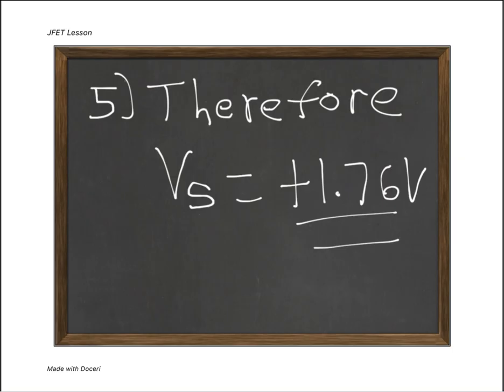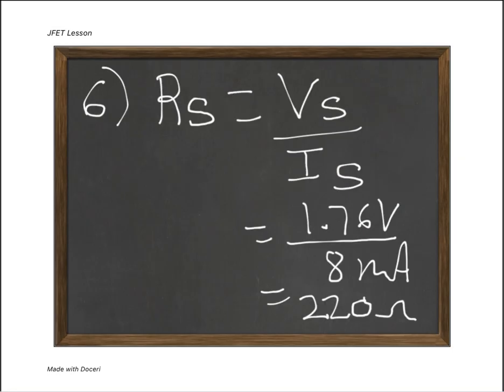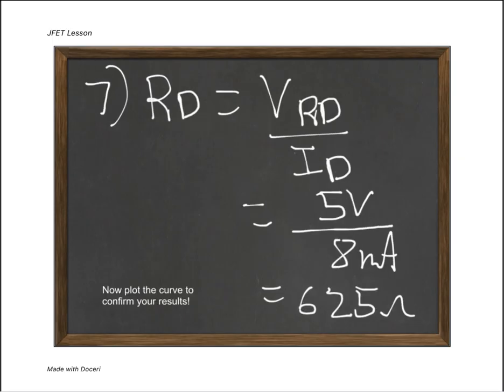Okay, and just put the numbers in. And now you just go back and plot the curve just the same way I showed you before to confirm those numbers are correct.